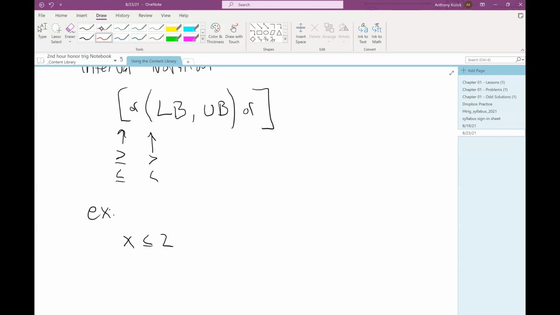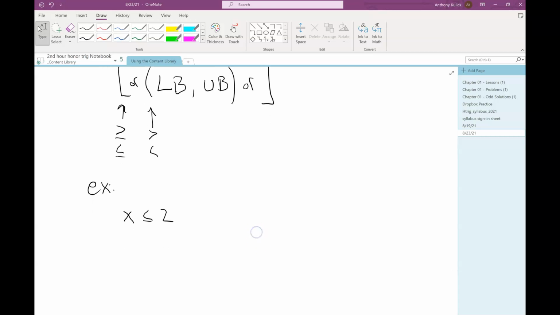Okay. So what's the lower bound on this? What's the lowest number? Or what number is smaller than everything else involved in this set? It's maybe not a number. -infinity. Yeah, very good, right? Okay.